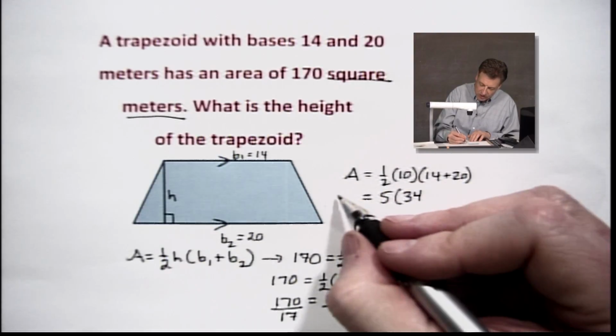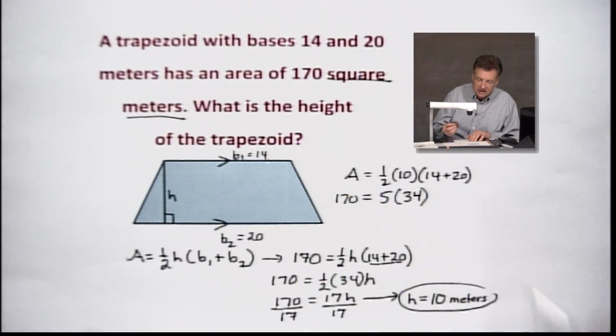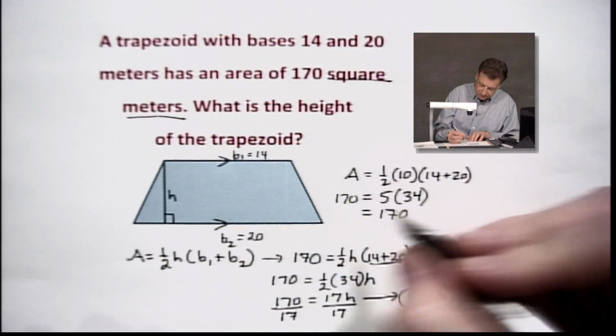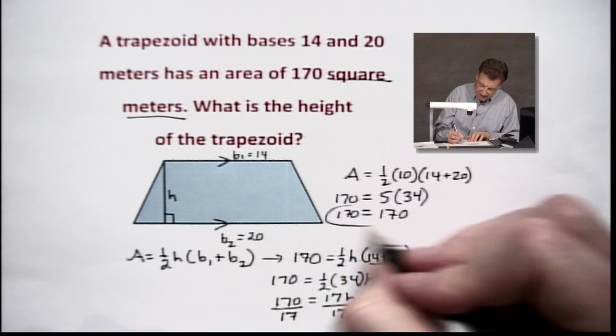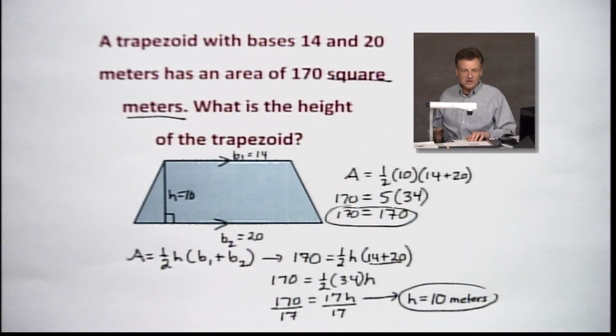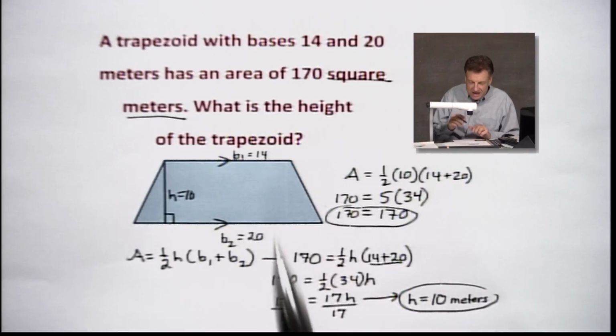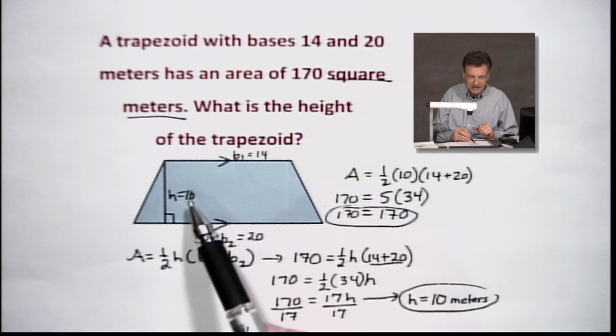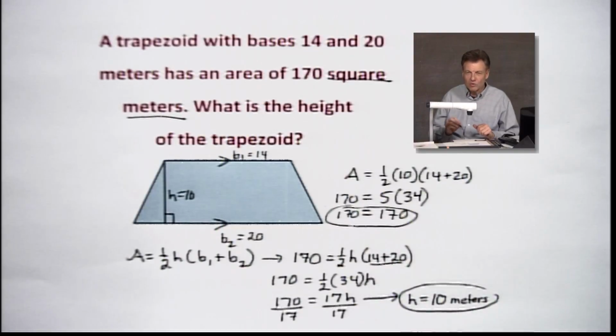The question is, do we get 170 out of that? And we certainly do. That's going to give us a nice check. 170, 170, and there you go. So here we go. We put in the little 10 there. It actually looks like I drew that in with it kind of somewhat proportionately, right? So there we go. Nice situation. Bases do add up. Take half, multiply by the height, then you will have the 170, the area back. Problem of the day. There you have it, solved and ready to go.